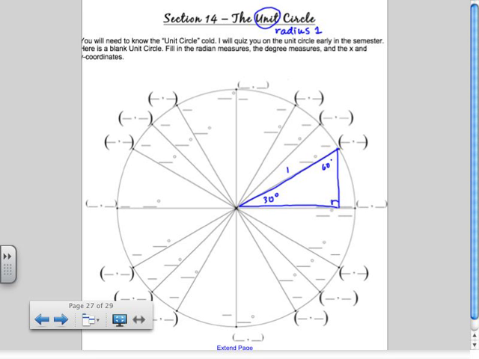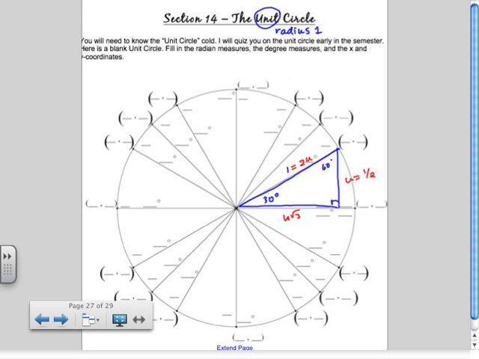Now, if you remember your 30, 60, 90 triangles, we usually did u across from the 30, then across from the 60 was u times the square root of 3, or you can use n or whatever you want, and then 2u. So if 2u is equal to 1, that means u is equal to 1/2, right?